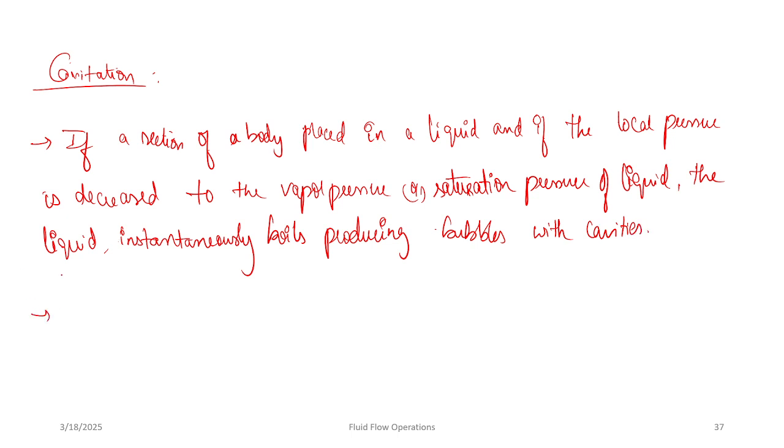And this is called cavitation. So this happens in walls or elbows or turbine blades as well, where the pressure will be sufficiently low. Okay. It can also be seen in centrifugal pumps as well.